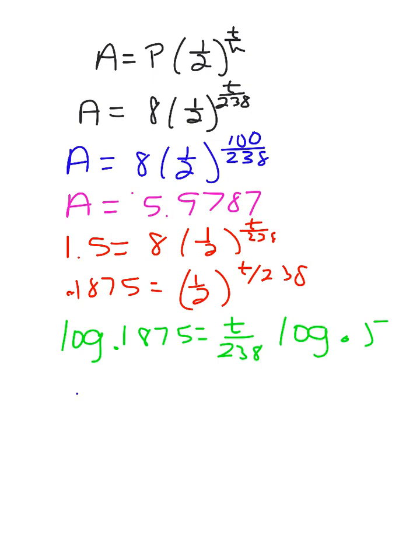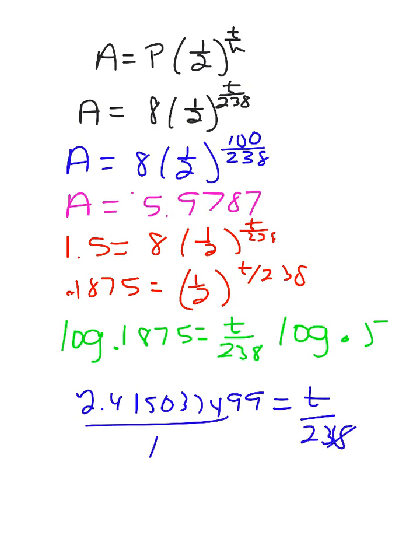So I get 2.41503749 equals T over 238. Put that over 1, just hit times in your calculator, multiply by 238, and we get 574.77. So it will take 575 years.